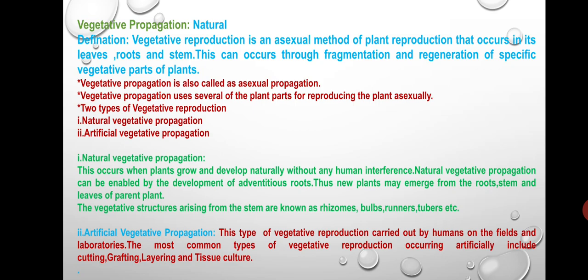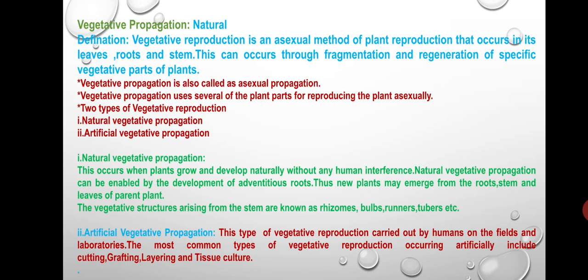Natural vegetative propagation can be enabled by the development of adventitious roots. Thus, new plants may emerge from the roots, stem, and leaves of the parent plant. The vegetative structures arising from the stem are known as rhizome, bulb, runner, tubers, etc.